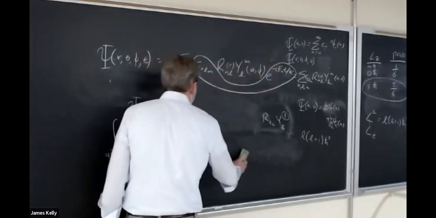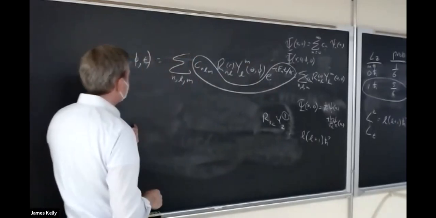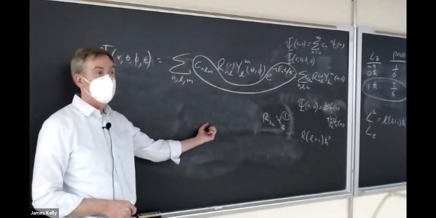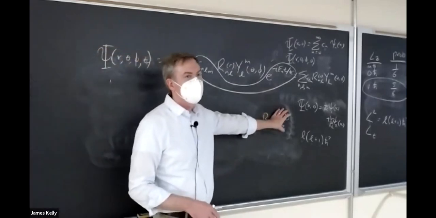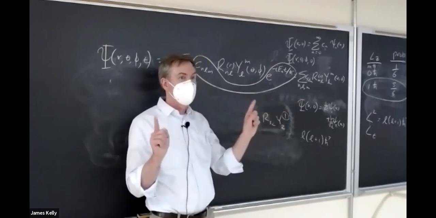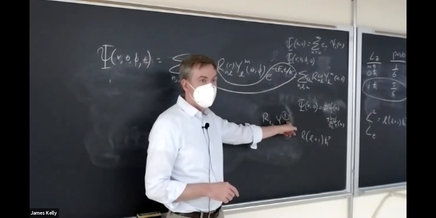But for right now, the important thing is that Lx, Ly, and Lz all commute with L squared. That means if I measure, just like when we measure Lz, it doesn't mess up L squared. If we measure L squared, it doesn't mess up Lz because those two operators commute. It's the same way with Lx and L squared.